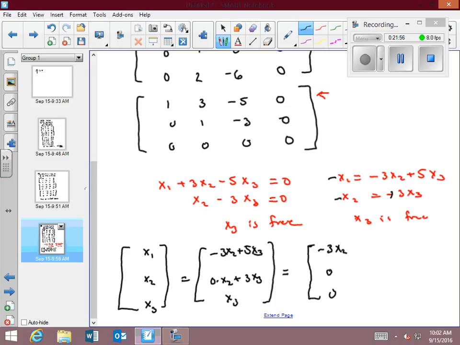And then this one here, there's 0 x2s, and then x3 is 3.